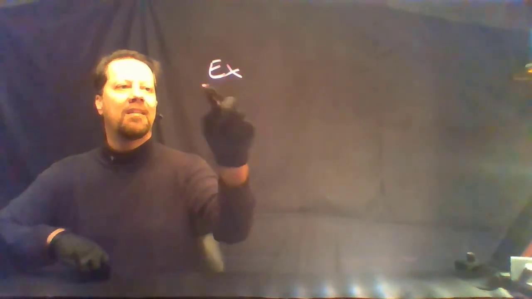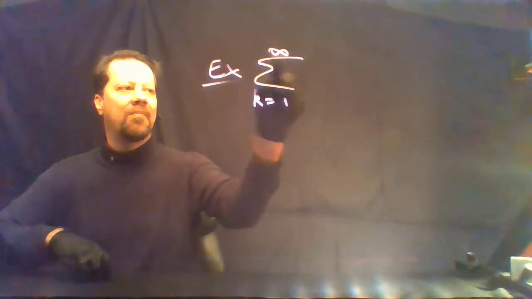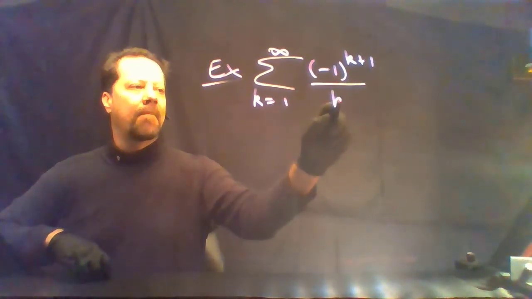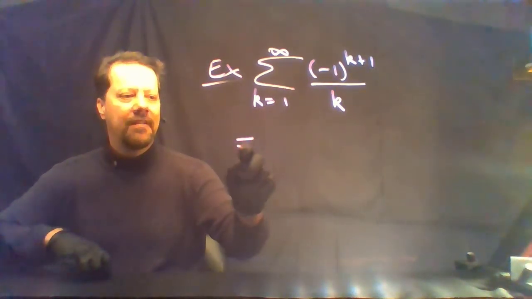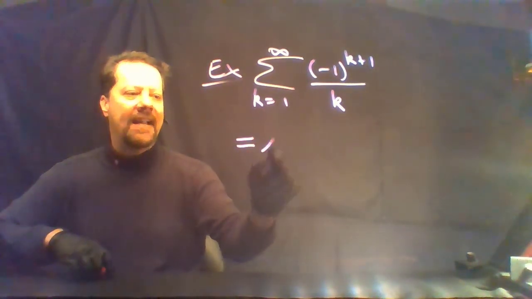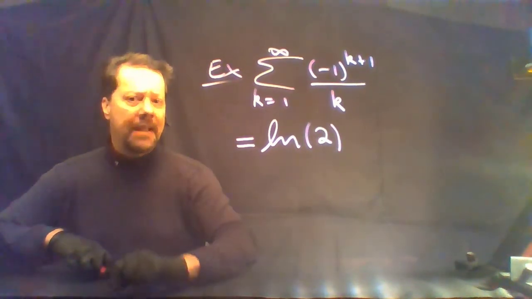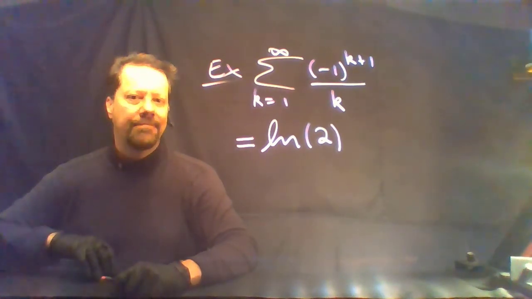I want to show you how this works. Let's look at our alternating harmonic series. It's possible to prove that the alternating harmonic series adds up to the natural log of 2, and we will be able to prove this in the next chapter.